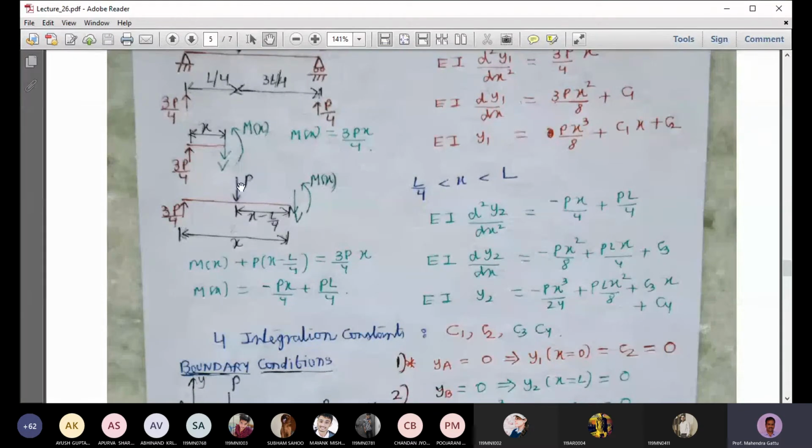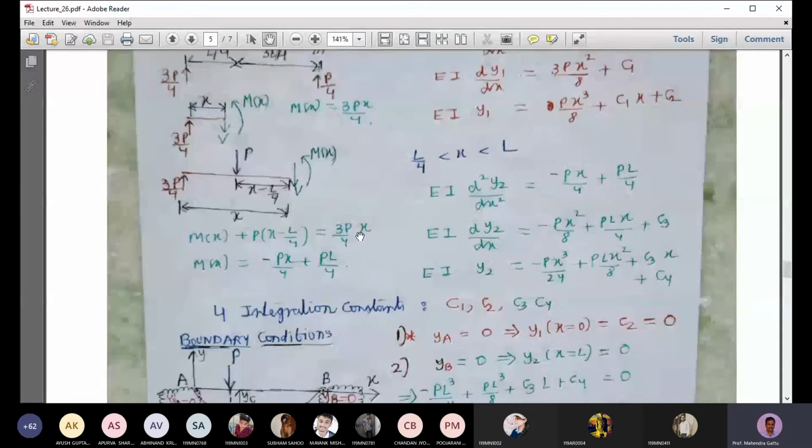The anti-clockwise moment is P into x minus L by 4 plus M of x, and the clockwise moment is 3P by 4 into x. That is what is shown here. We send Px minus PL by 4 to the right hand side, so we have minus Px by 4.